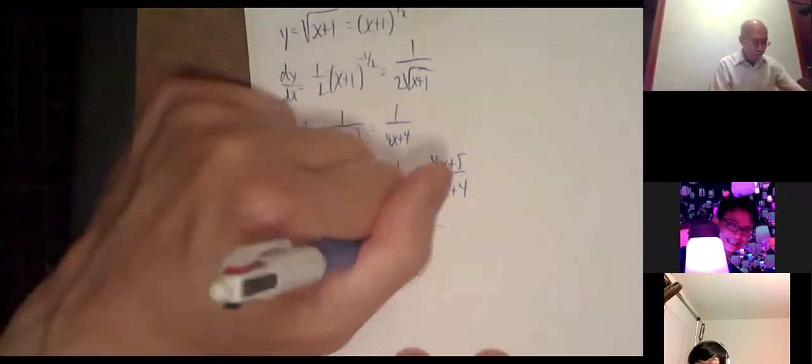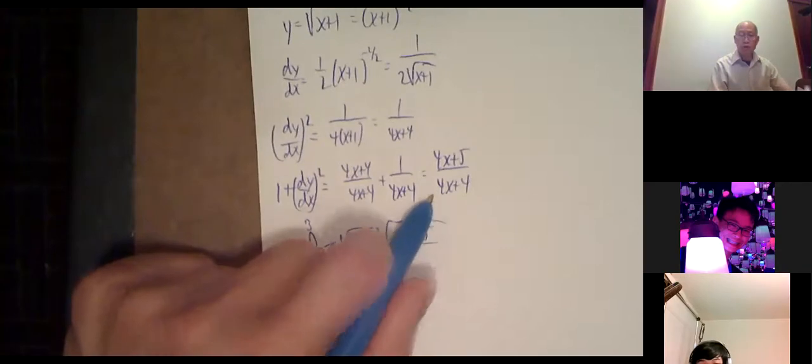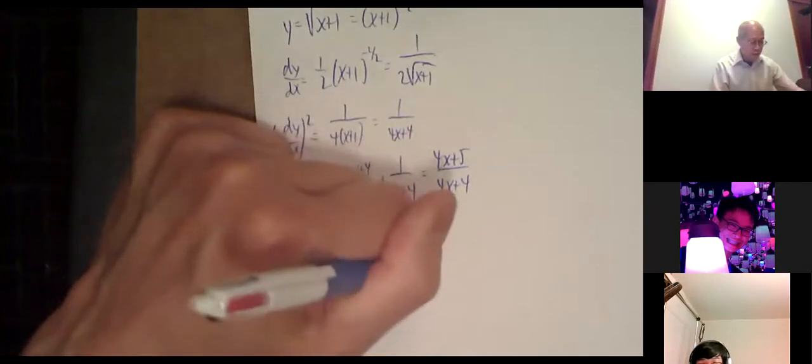Radical x plus 1 times square root of 4x plus 5 over, okay, 4x plus 4 I will factor out as 4 times x plus 1.